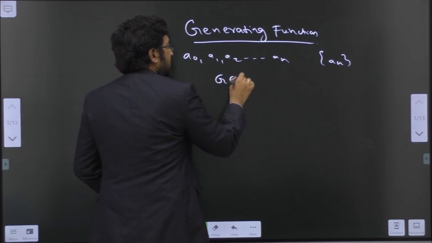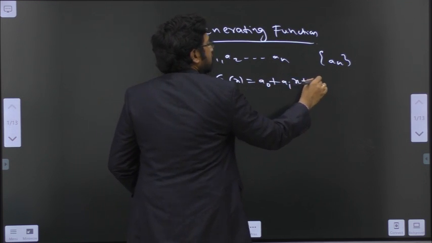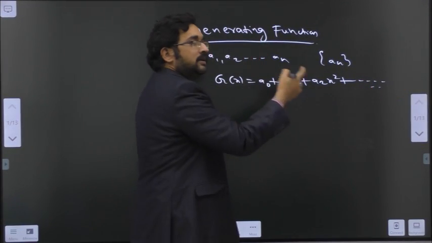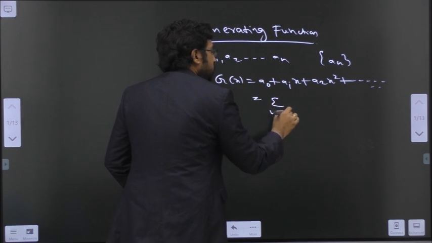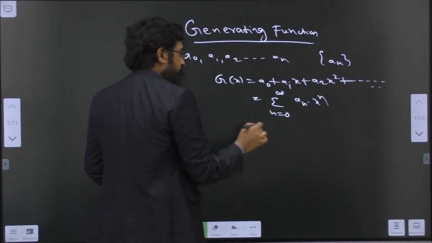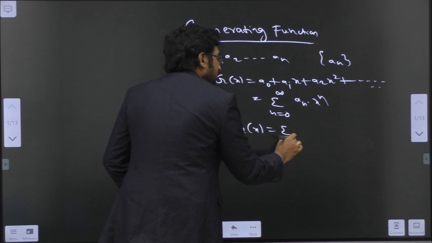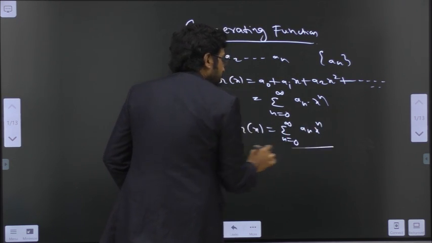G of x equals a0 plus a1 into x plus a2 into x square plus and so on. This can be represented as sigma n equals 0 to infinity an into x power n. Hence we can say that g of x equals sigma n equals 0 to infinity an into x power n.